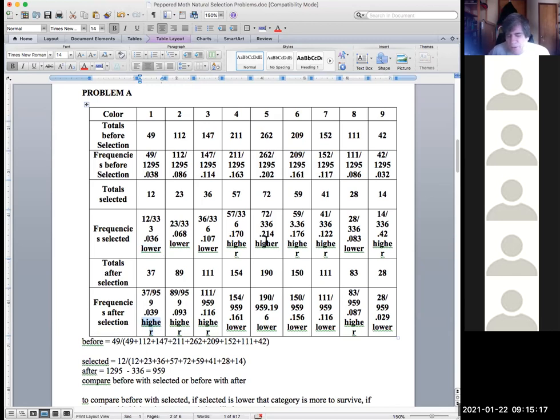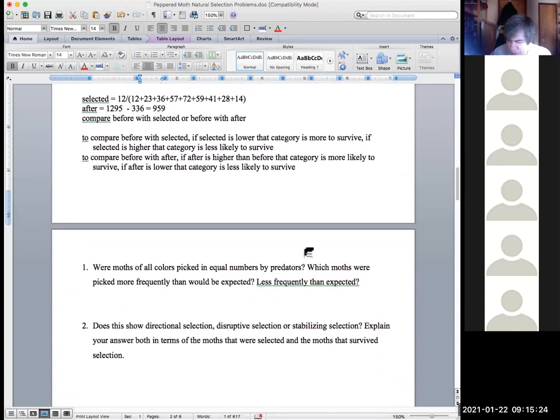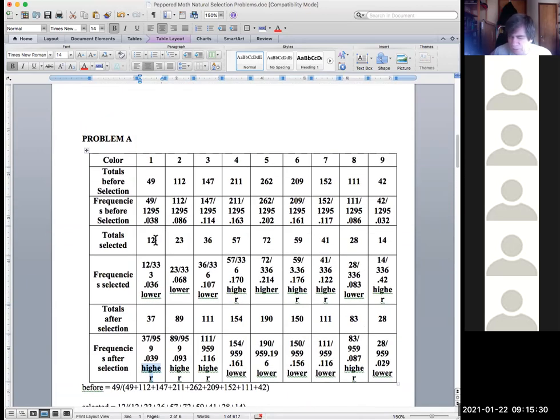Now, let's look at the 2 questions that go along with each chart. So were moths of all colors picked in equal numbers? Well, notice when it says picked, that's the selected. So that's our row that says total selected.